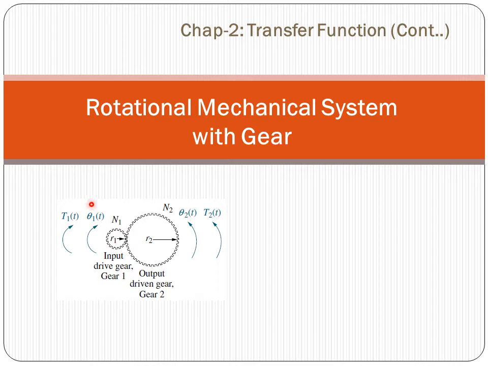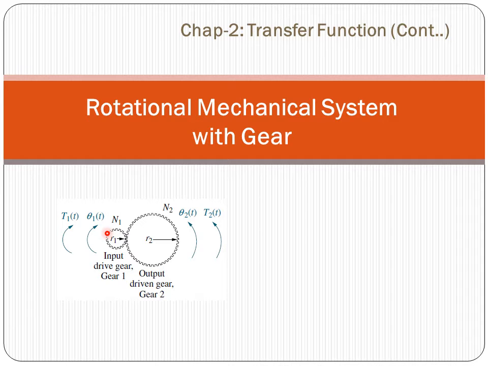So we are saying that theta 1 is always much greater than theta 2, because we have 5 rotations here. For example, the number of teeth on the large gear is 5 times higher than the smaller one.